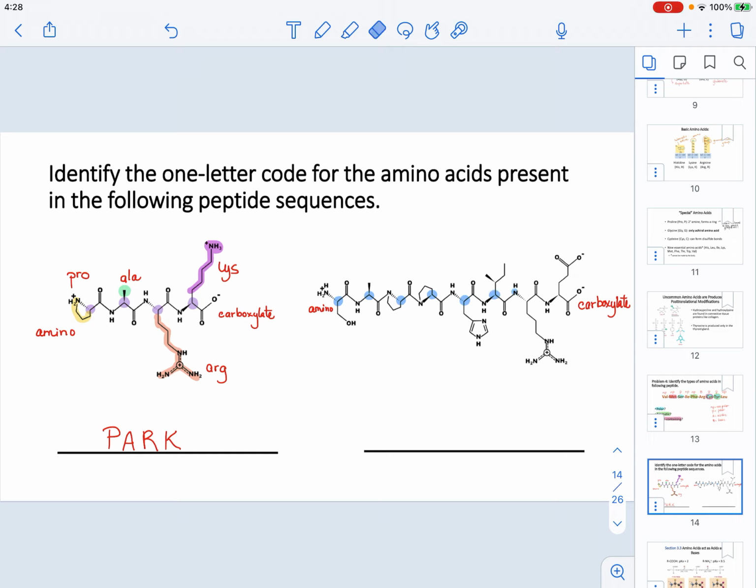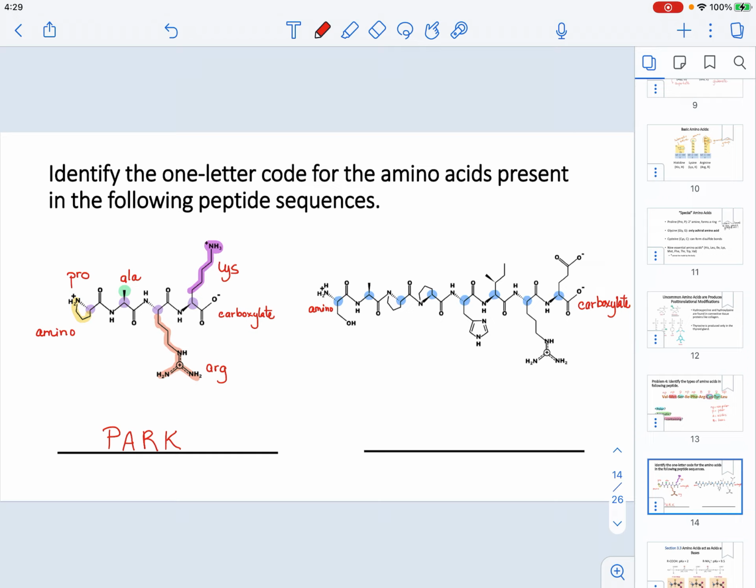Nitrogen, let me just erase that. Alpha carbon, C double bond O. Nitrogen, alpha carbon, and then I have the carboxylate. So that means that, as you can see here, this is a longer peptide. I have 1, 2, 3, 4, 5, 6, 7, 8 amino acids here.